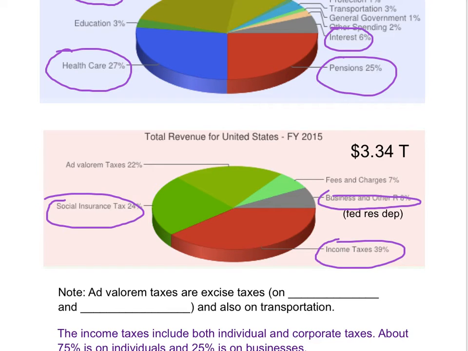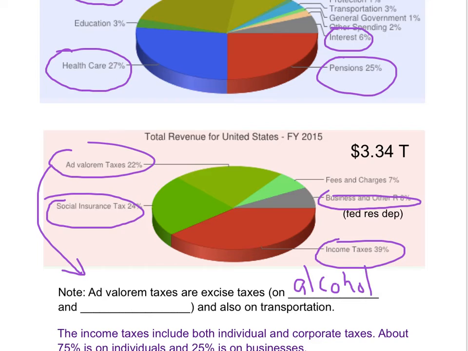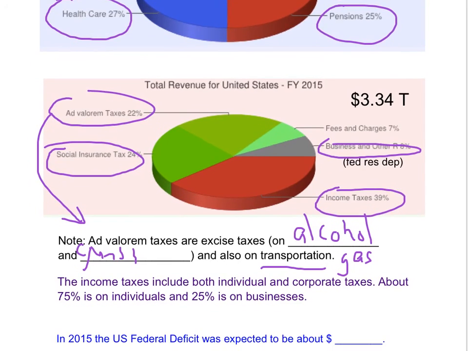And then there is a term you're probably not familiar with, ad valorem taxes, sometimes known as excise taxes. It's the tax you don't really see, but you pay it. For example, they call them sin taxes because they're taxed on goods which are bad for your health, for example on alcohol, guns, cigarettes, and also on transportation there's a gas tax, also another form of an excise tax, and that's important for the government for the revenue.